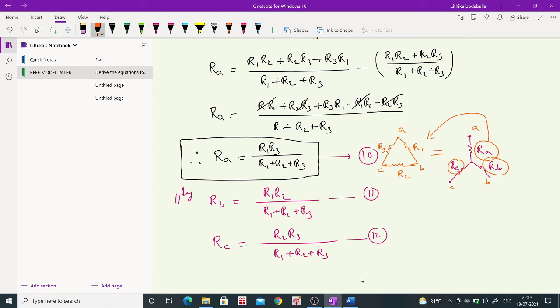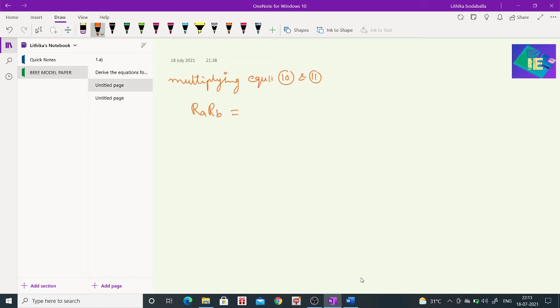So you will get R1 square R2 R3 divided by R1 plus R2 plus R3 whole square. I hope up to here it is clear. So let it be equation 13.